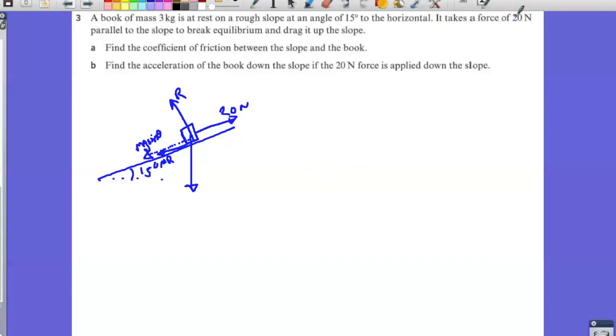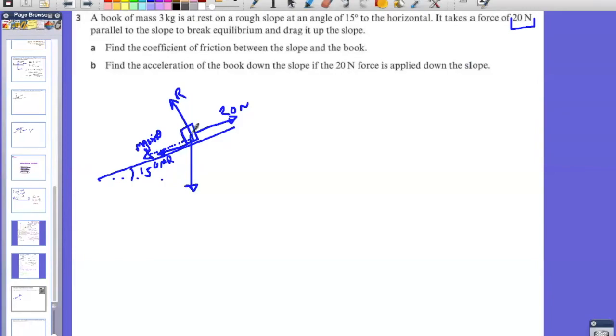So we are saying that this force just breaks the equilibrium. So when you just apply this force, the object will be in limiting friction. The friction here will be limiting, but still the object will be in equilibrium.